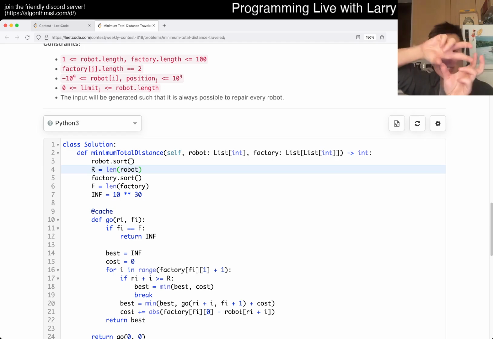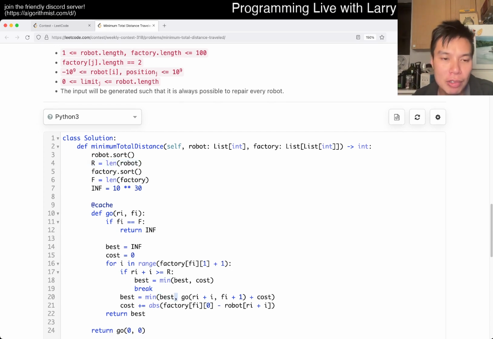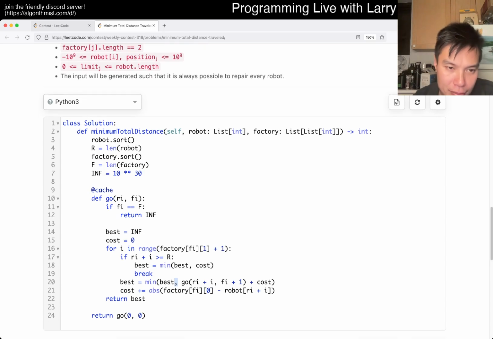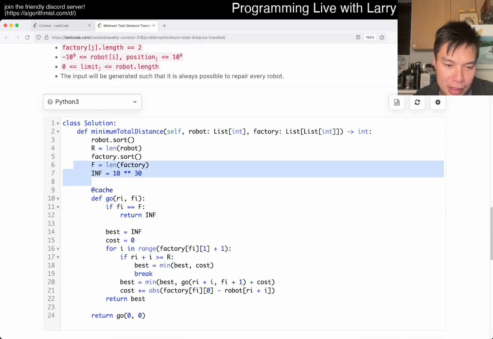So then you can match them from left to right together, and then there's no weird robot choices, and that will allow you to come up with this optimal subproblem structure that allows you to use greedy. Of course, greedy being this min function. Okay, we'll go over that in a second, but the first thing is to sort both the robots and the factories. Infinity is just infinity.